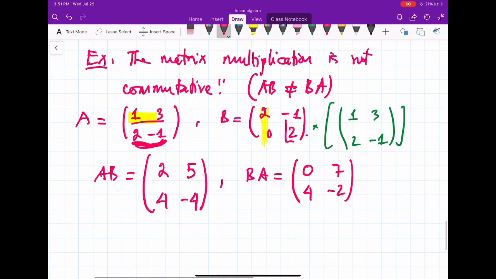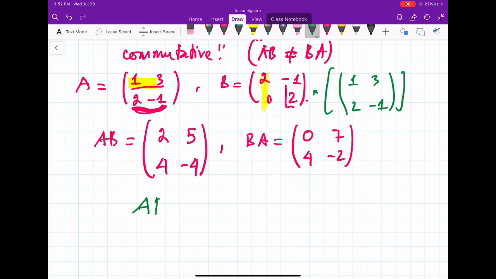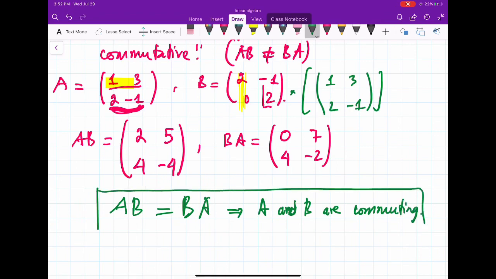Okay, I'll tell you this. Of course, if we have the case AB equal to BA, then A and B are commuting. This is a very interesting property in physics. Right now, when we're talking about matrices, we concentrate on systems of linear equations, right?